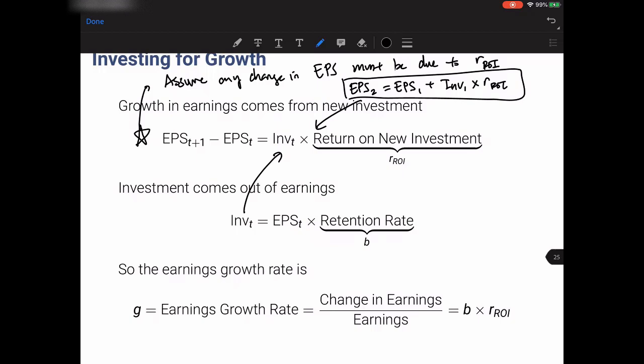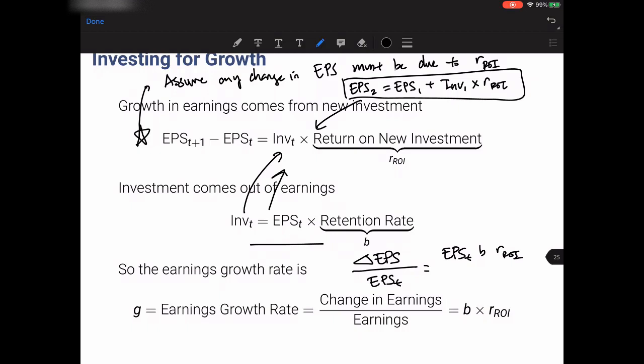What you will get is the change in EPS, which is just the difference between future and present EPS divided by the current EPS, equal to EPS_t times b times our ROI, right? Because we substituted investments here into the above equation there.